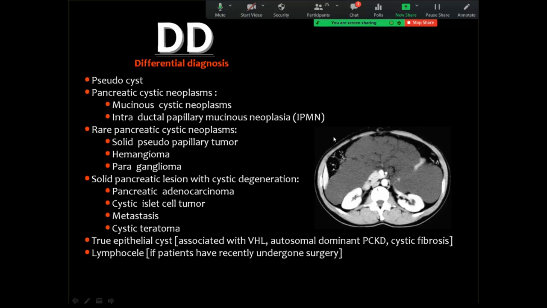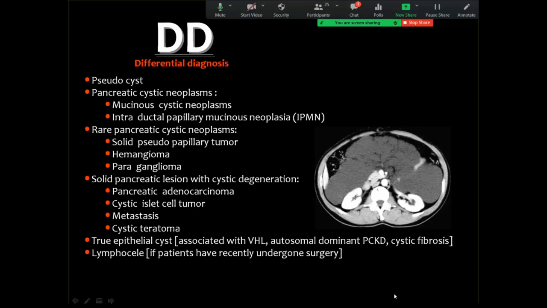But intraductal papillary mucinous neoplasm is a small lesion. And also you may see the pseudopapillary tumor, hemangioma, paraganglioma, some pancreatic lesions with cystic degeneration like adenocarcinoma, islet cell tumor, metastasis, and cystic teratoma.